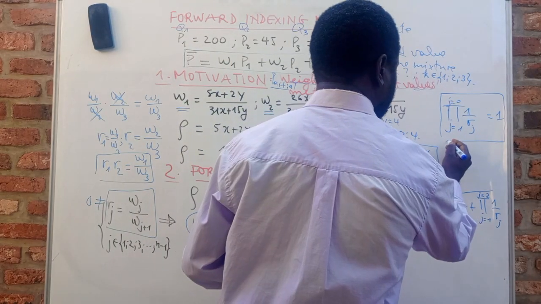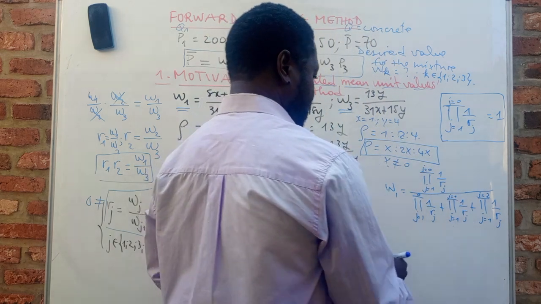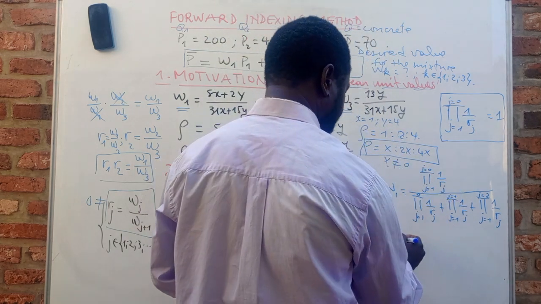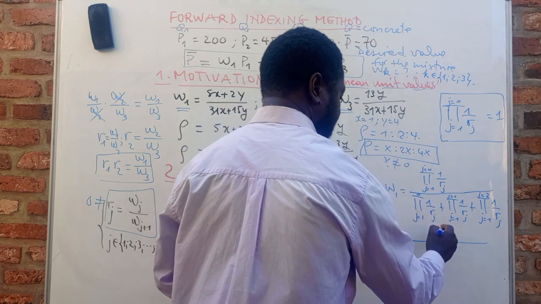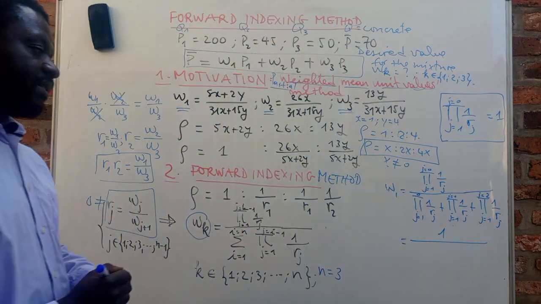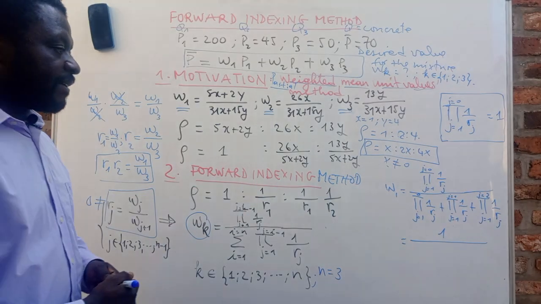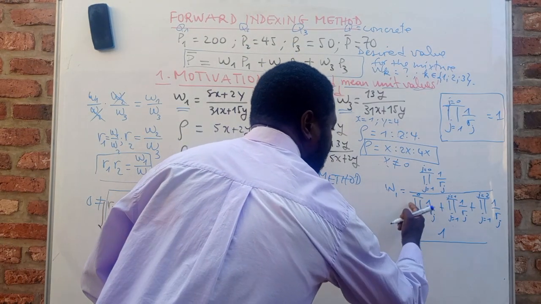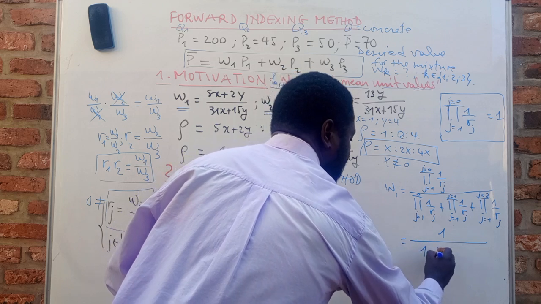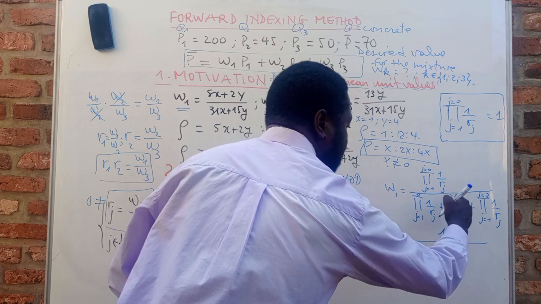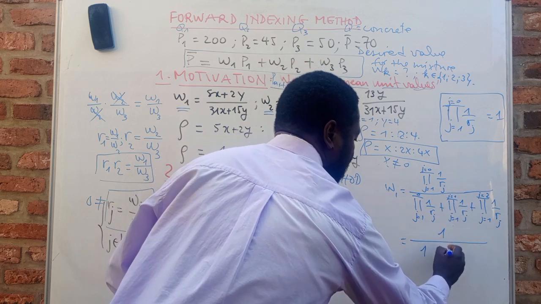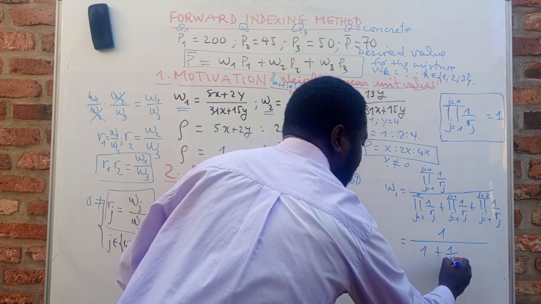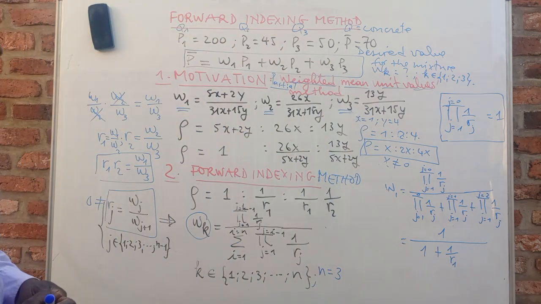But for this video, let us look at the result we're going to get. Here we understand that this is equal to 1, and then this one also will be equal to 1. Because we no longer have any indexing except 1, we have 1 over the first ratio.